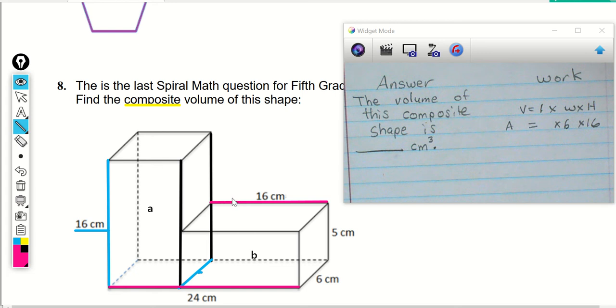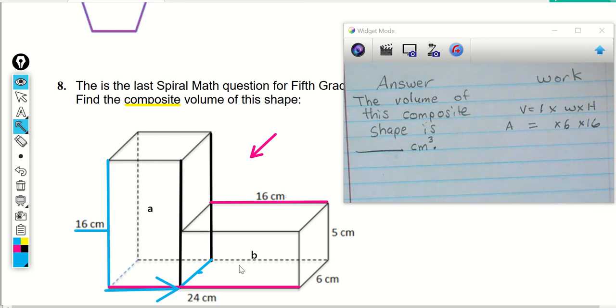That means that right where this stops is the same place where it stops here, and it's the same place where it stops here. So from here to here are 16 centimeters. That means that from here to this part on this line is also 16 centimeters. That means this length of shape A, from this corner right here to where this stops, is my length.